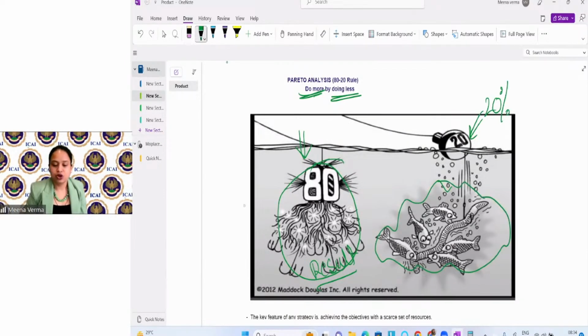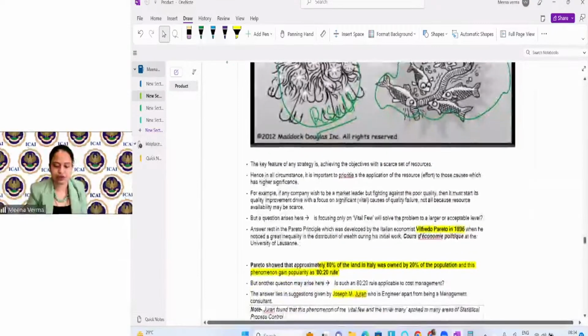The point is that we should put our efforts at the place where we will get more result. So 80% of the result you will get from 20% of the efforts, right? So do more by doing less is Pareto analysis, the 80-20 rule.